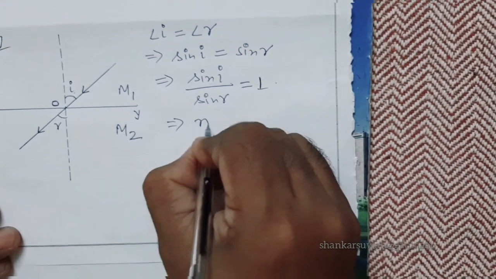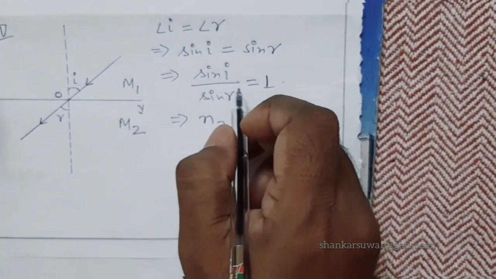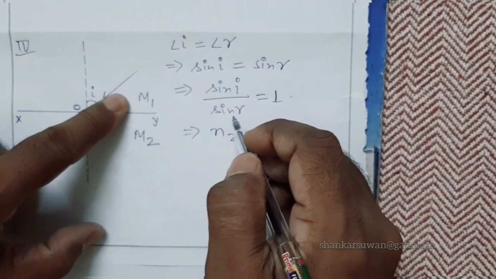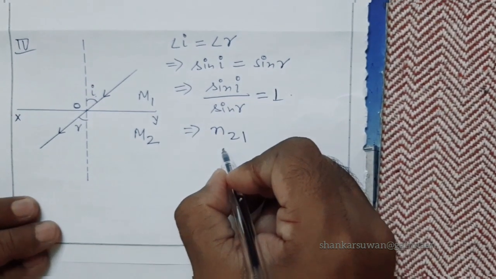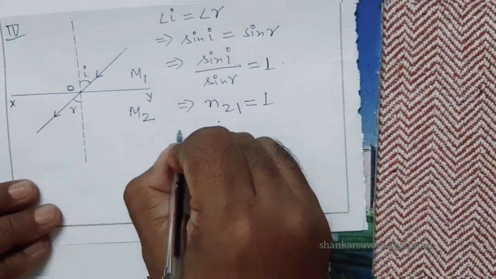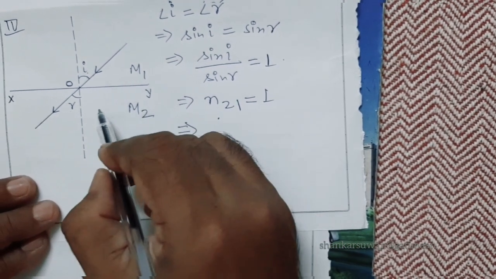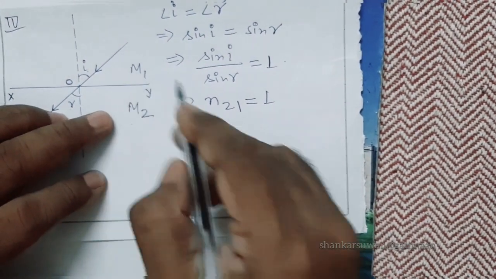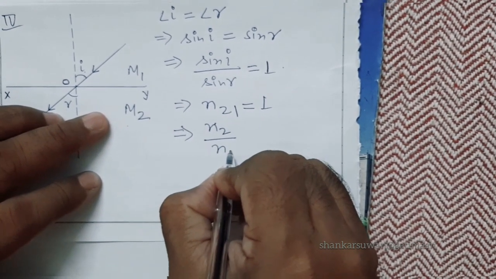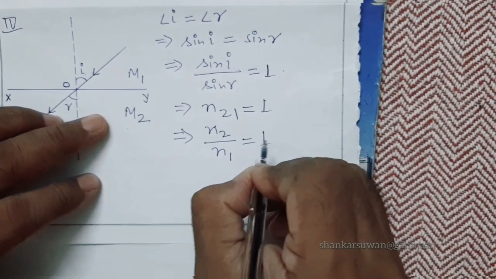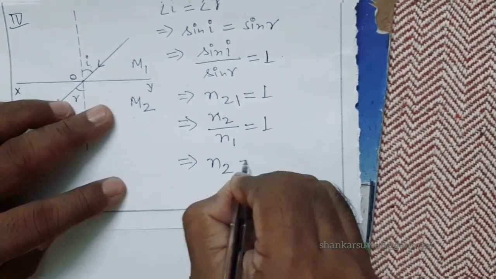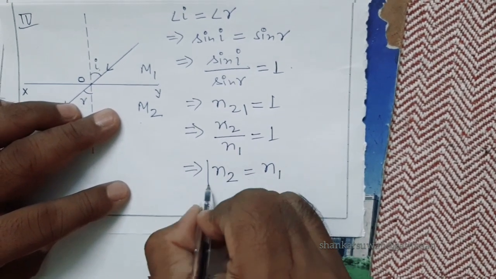This implies that n21, because sin I upon sin R is the refractive index of the second medium with respect to the first, is equal to 1. That is, the refractive index of medium 2 with respect to medium 1, which is n2 upon n1, is equal to 1, which implies that n2 is equal to n1.